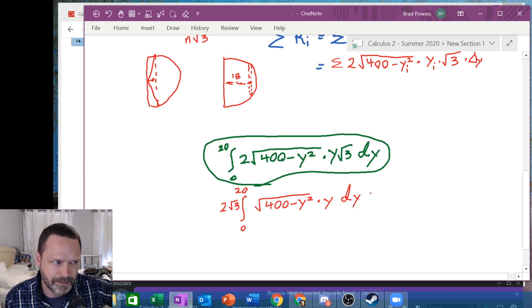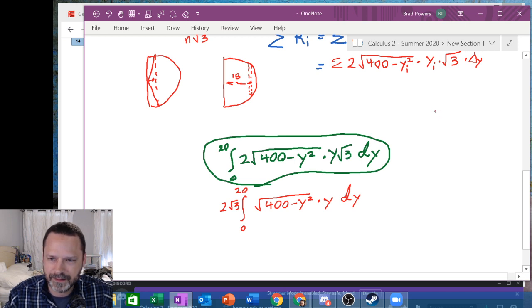Might need to use a substitution, a u sub. A trig sub would work, but I'd rather not do a trig sub. So I haven't done that.